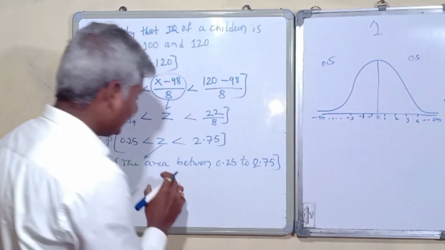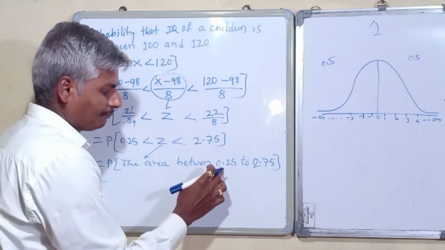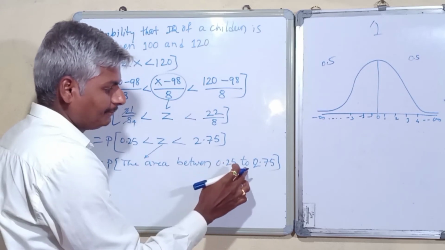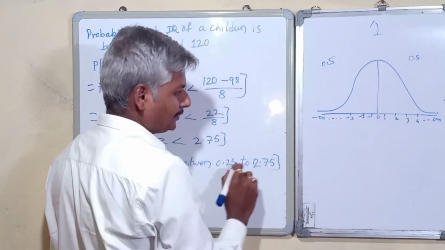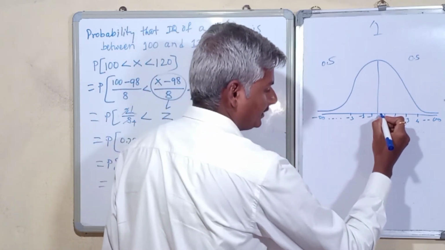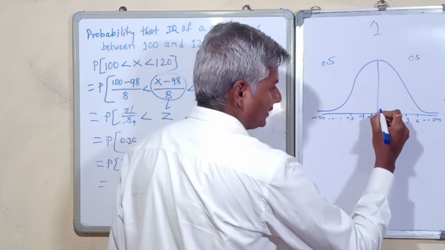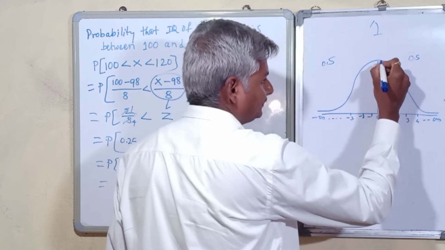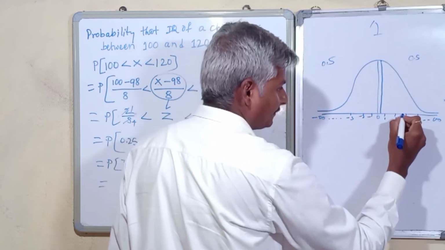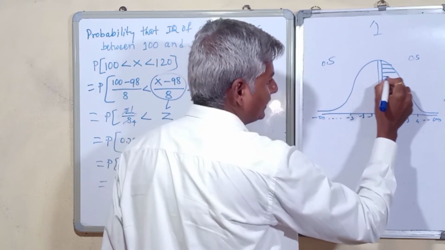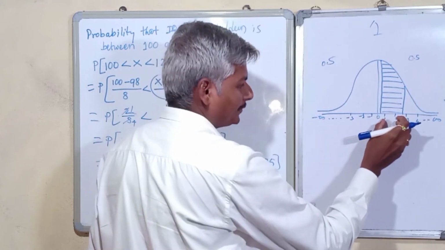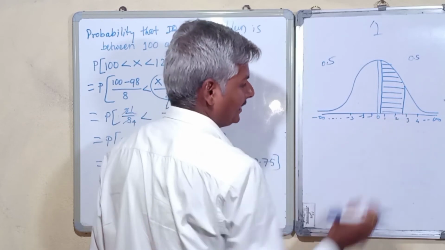Then we need the area between 0.25 and 2.75. It is positive, so I will take the right side, 0.25 and 2.75. So this is the area between 0.25 and 2.75.